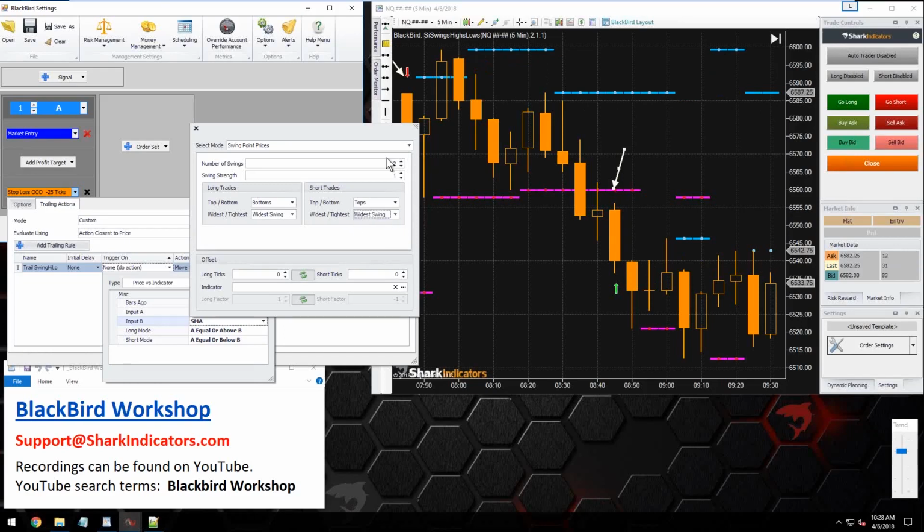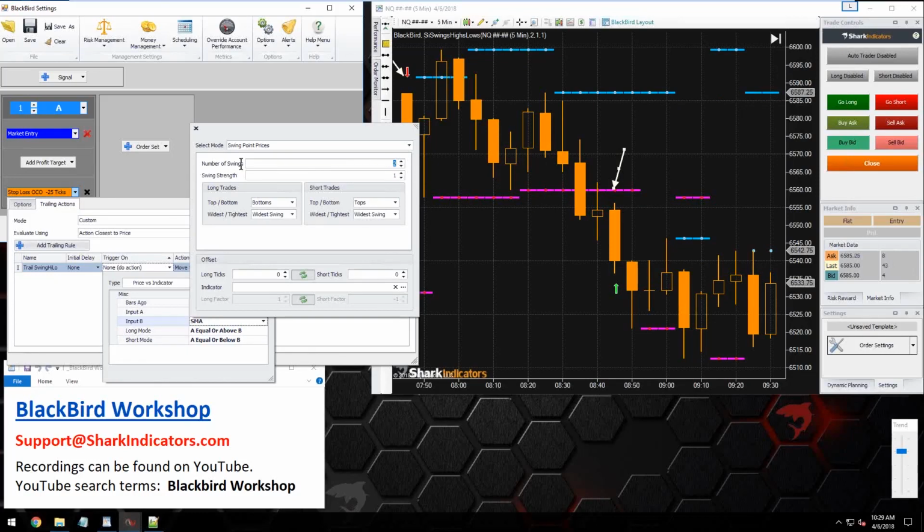So the dots depend on the number of swings you have and your swing strength. The tightest swings would be the intermediate swing highs, whereas the widest plot represents the highest swing high in our number of swings look back.